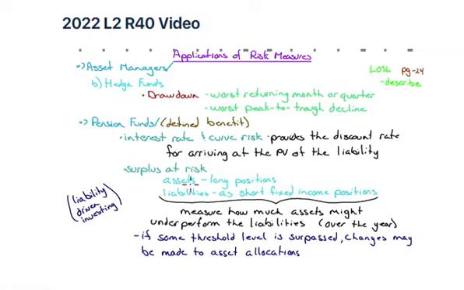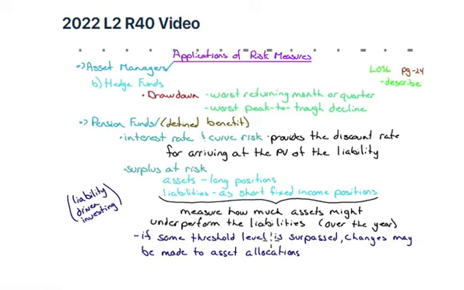So a pension fund's assets are pretty much all in long positions, but you can model the portfolio using the liabilities. Now the liabilities are the future payments they have to make. You can model them as short fixed income positions, look at the portfolio together, and then measure how much assets might underperform the liabilities over the year.